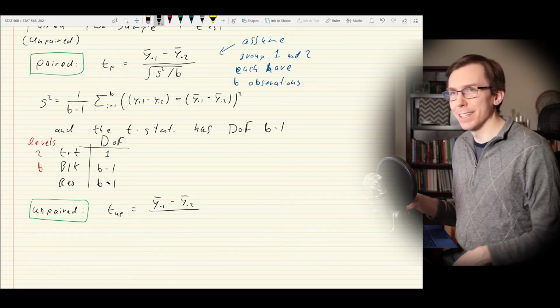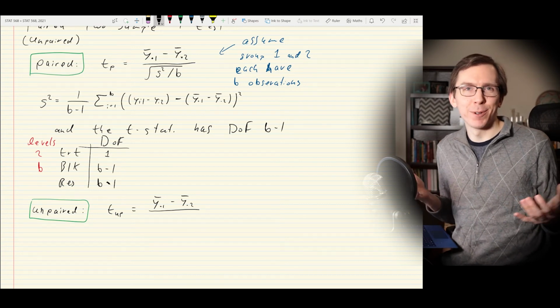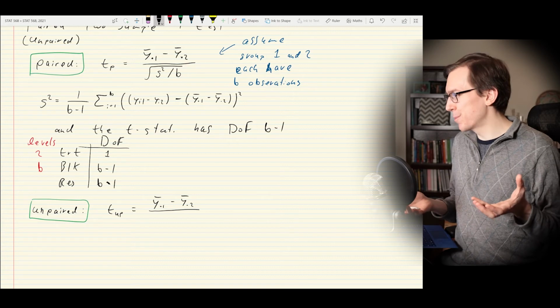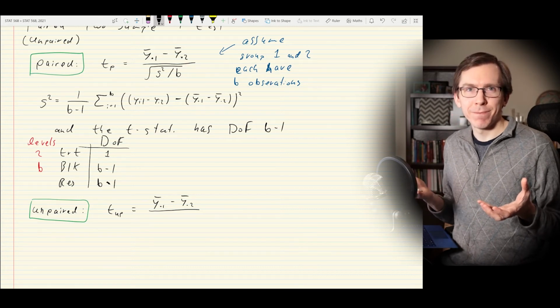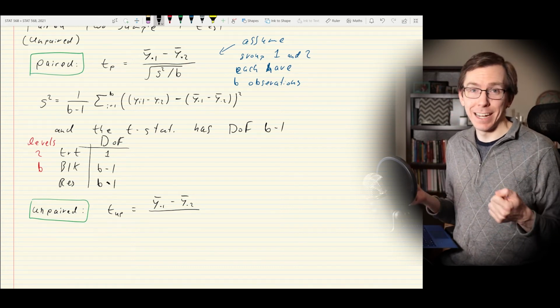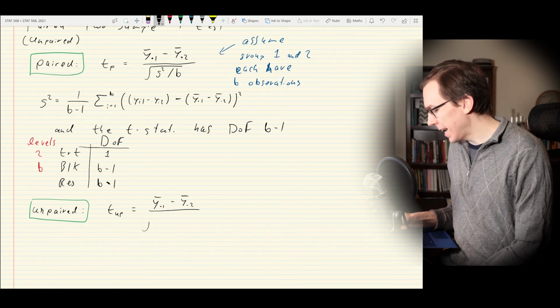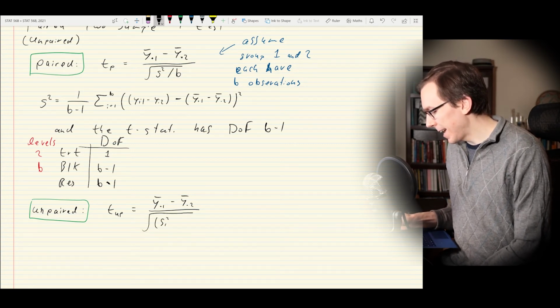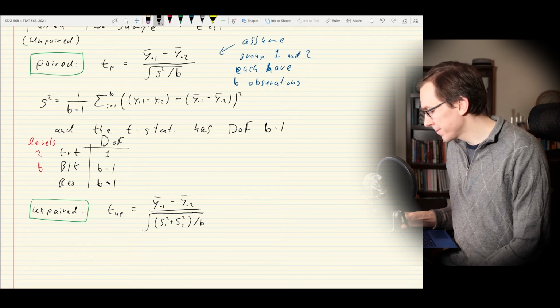It's just the difference in the means. This is always what we're doing in a t-test: taking the mean of group 1 and subtracting the mean of group 2. What changes is the denominator, which now looks something like s1 squared plus s2 squared, divided by b.